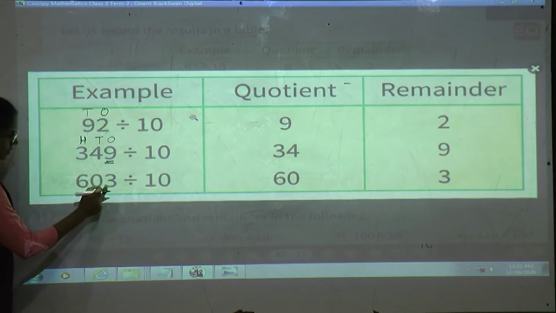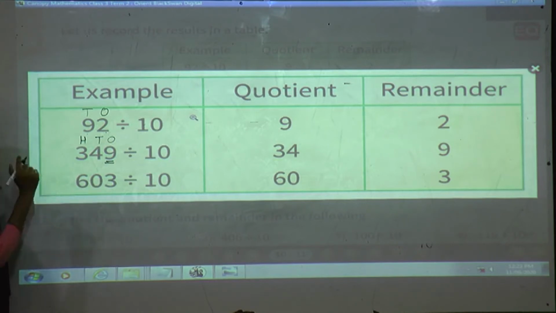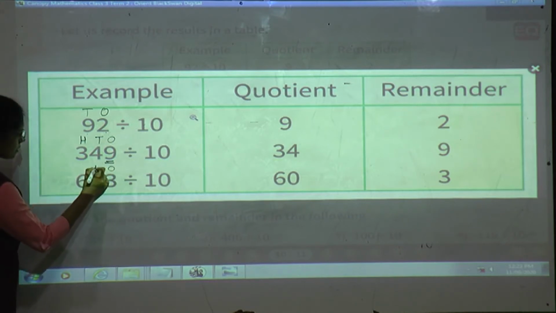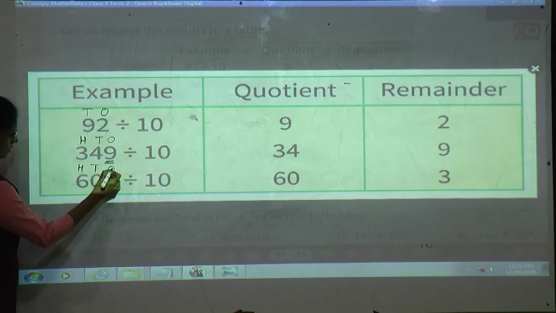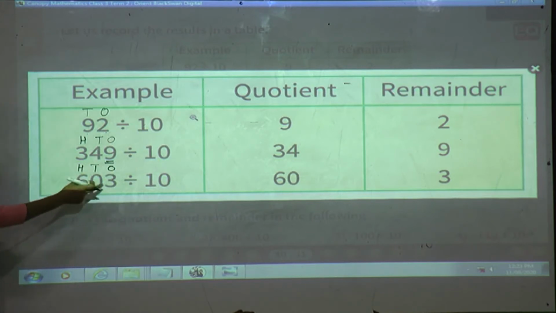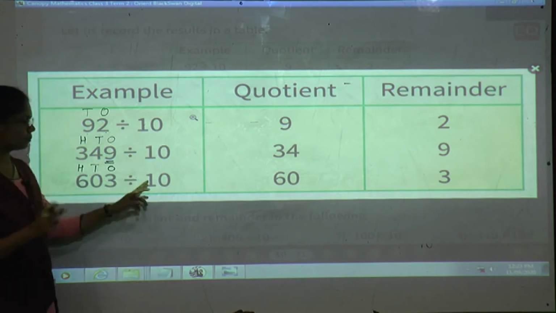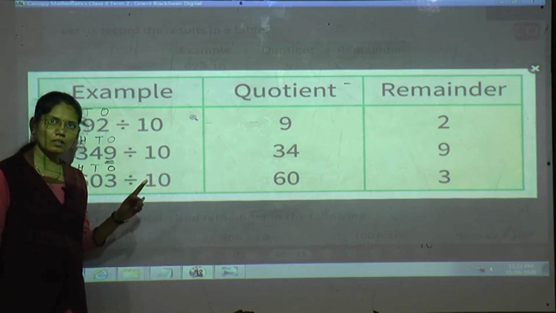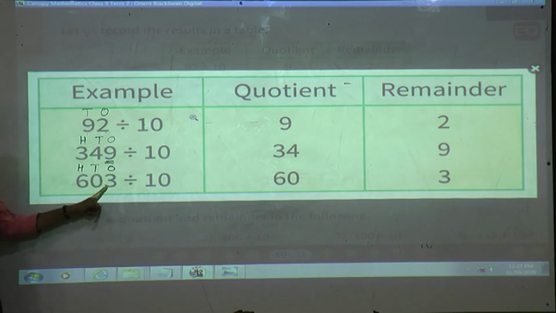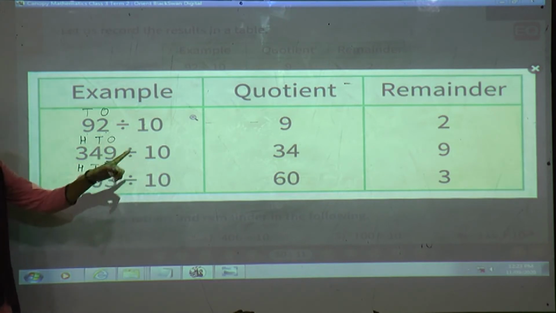Now see the third example. Here 603, again a 3-digit number, so this is ones, tens and hundreds. Now 603 divided by 10. When we divide any number by 10, the number at ones place will be the remainder.